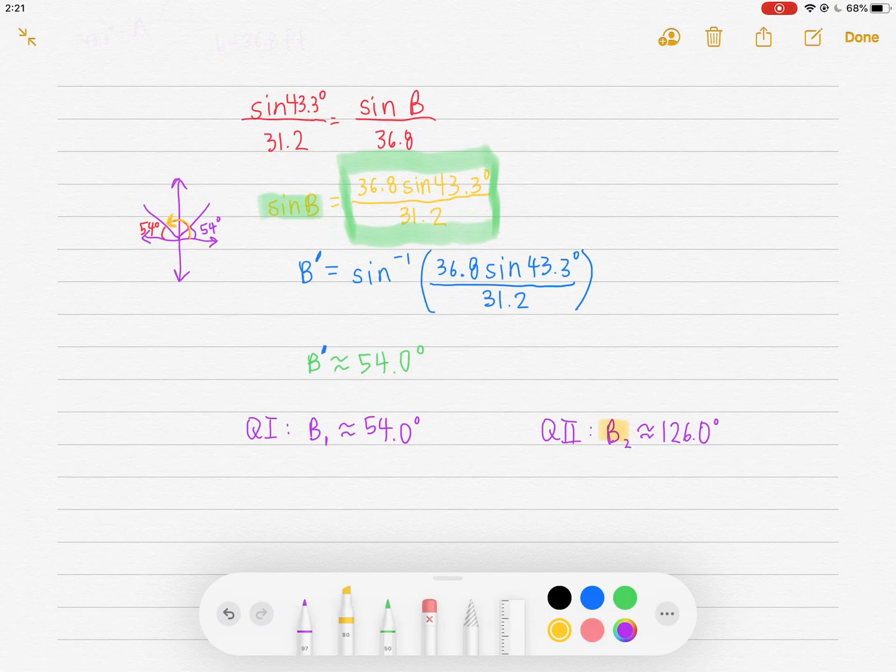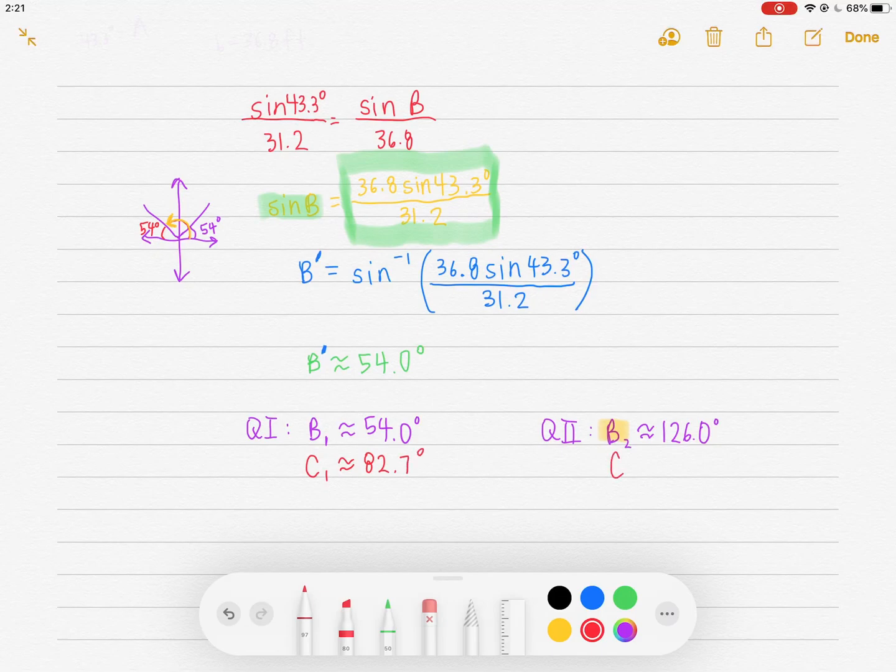So next we go to big C1. 180 minus 43.3 minus 54.0 is approximately 82.7 degrees.